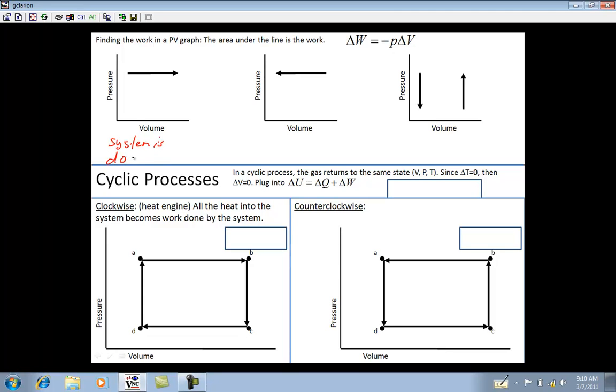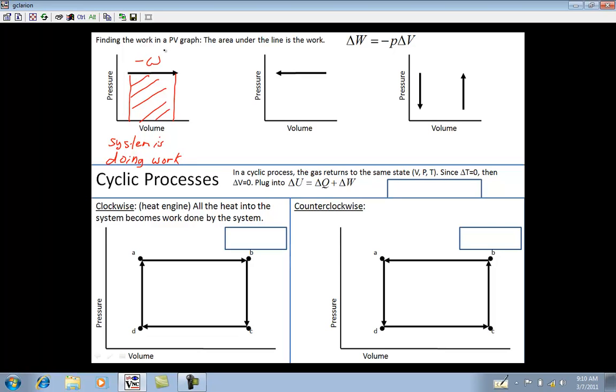By looking at the graph, if I had the values for this graph, how would I go about figuring out how much work it's doing? Area. Good. I would take this area. Now, does this area represent negative work or positive work as far as our equations go? That would be negative work because, again, it's expanding.